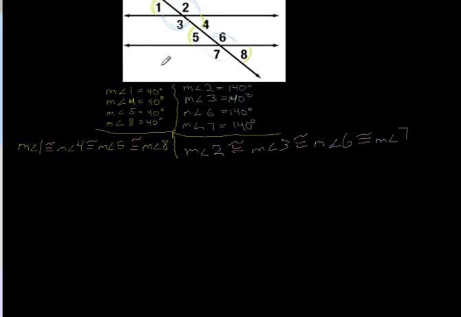Cool. So since measures of angles 1, 4, 5, and 8 all equal 40 degrees, they are all equal, therefore you can say that they are congruent. Also, because measures of angles 2, 3, 6, and 7 are all 140 degrees, you can also state that they are congruent.